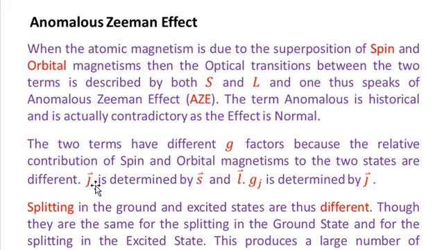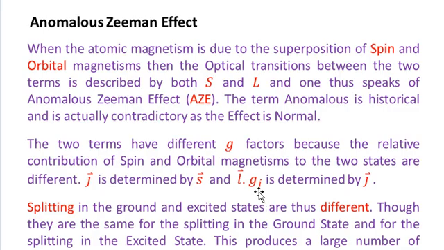And you know that we have seen in the previous lectures that the total angular momentum J is actually the vectorial sum of the spin angular momentum capital S and the orbital angular momentum capital L. Similarly, for their corresponding quantities in terms of magnetic moments, the mu J, which is the total magnetic moment of the atom, will be equal to the sum of the spin magnetic moment mu S and the orbital magnetic moment mu L. So Gj is determined by capital J. We shall determine capital J, and with the help of capital J, we can determine the value of this Gj.